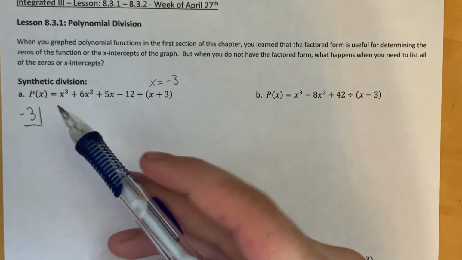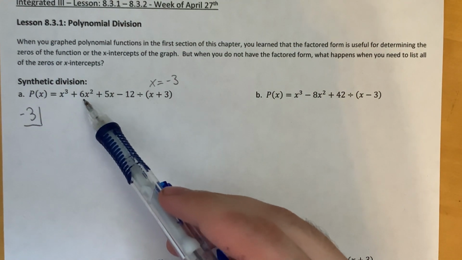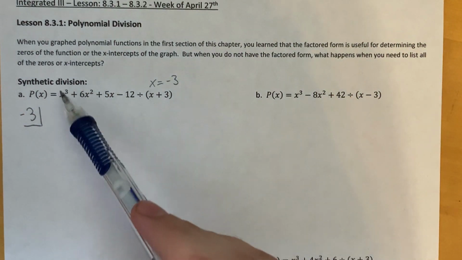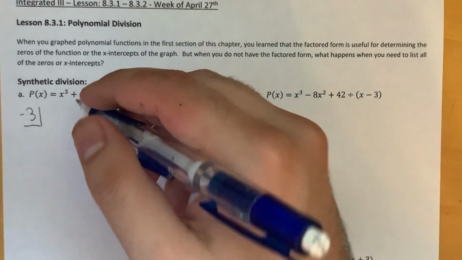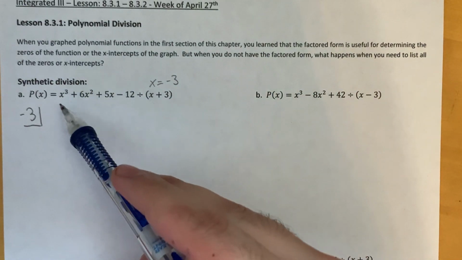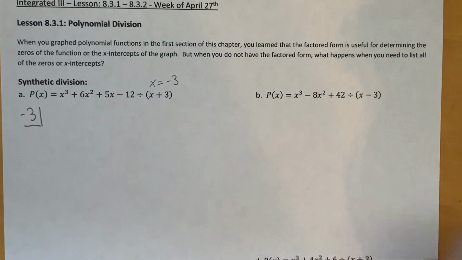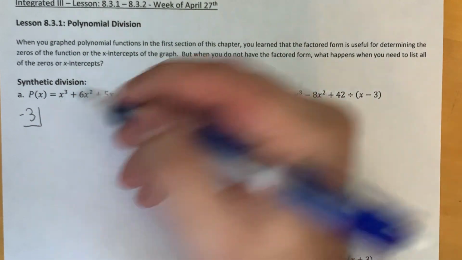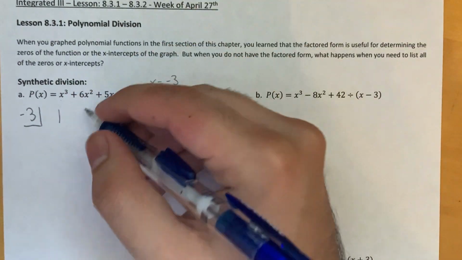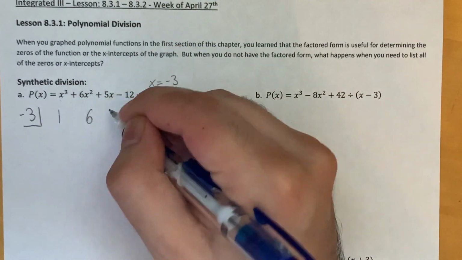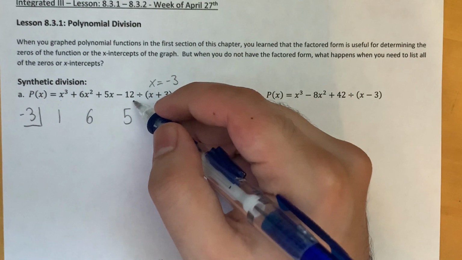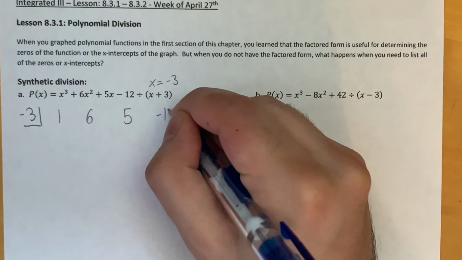And then you're going to take the leading coefficient of each of these. So you're going to take the leading coefficient of x cubed, 1, leading coefficient of 6x squared, 6, leading coefficient of 5x, 5, and negative 12 is just negative 12.